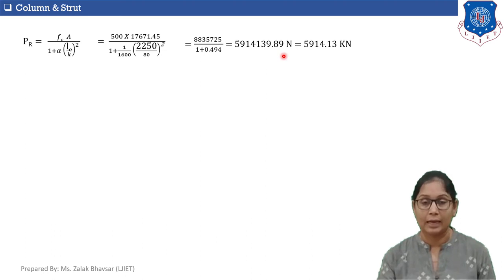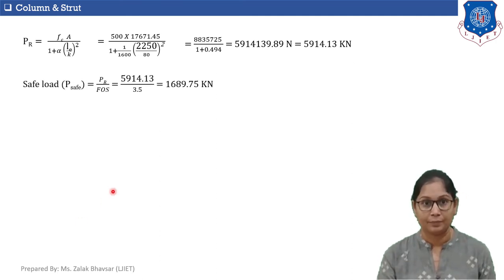So I am getting PR is equal to 59,14,139.89 Newton. I am converting it into kilonewton, so I am getting the answer 5,914.13 kilonewton. We also need to calculate P safe. P safe is the safe load, and for calculating P safe we need to divide PR by the factor of safety.